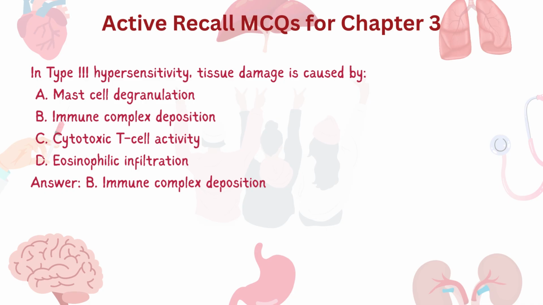And the answer is immune complex deposition. Now, if you recall correctly, anaphylaxis involves mast cell degranulation and it is a type 1 hypersensitivity reaction, whereas the type 3 hypersensitivity reaction includes tissue damage and it involves immune complex deposition.